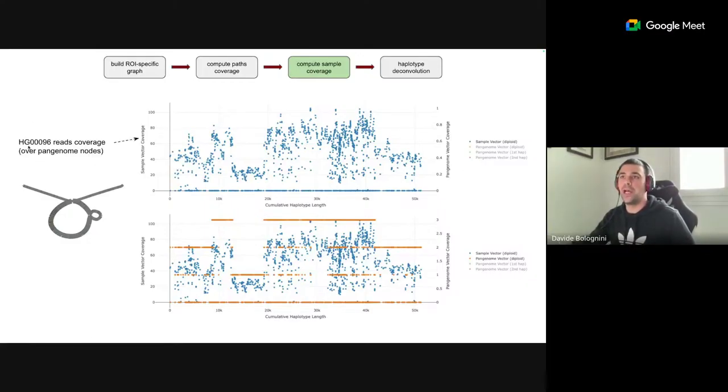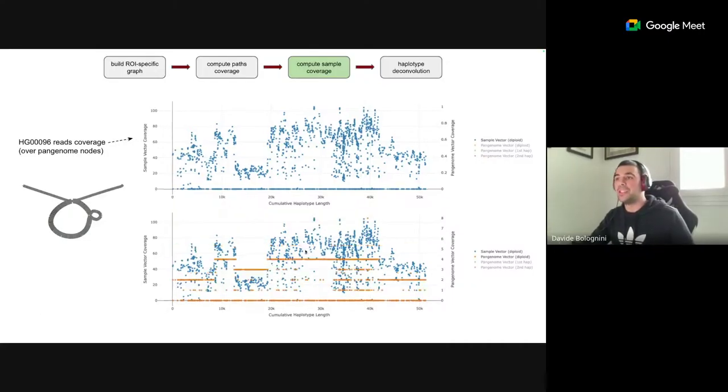So for instance, here you have reads coming from the AG00096 sample that has been sequenced with short reads. And below you have the pangenome coverage for the two paths of the same individual overlapped with the sample coverage. The two y-axes have different scales because of course one is from the sample and the other one is from the pangenome, right?